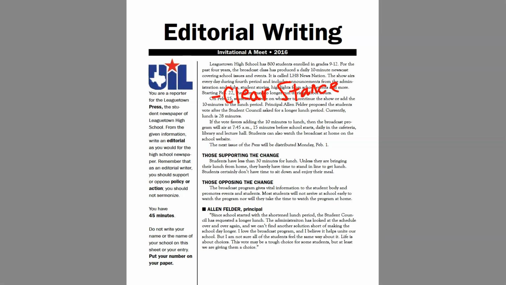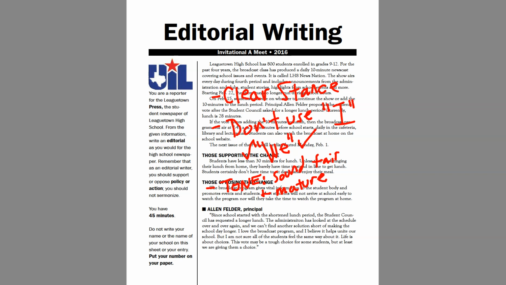You also have to remember that you should never use the first person I in a staff editorial like these are. You should either use the third person, or you're going to write in the collective voice and use we. That's okay to do. In fact, this is what they're expecting to see in that editorial.